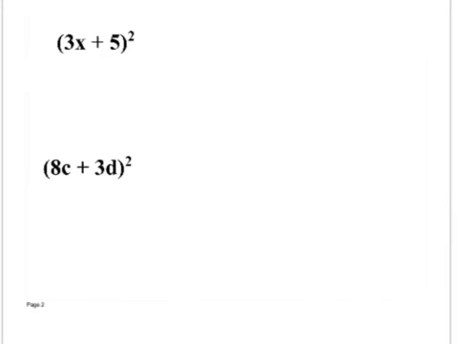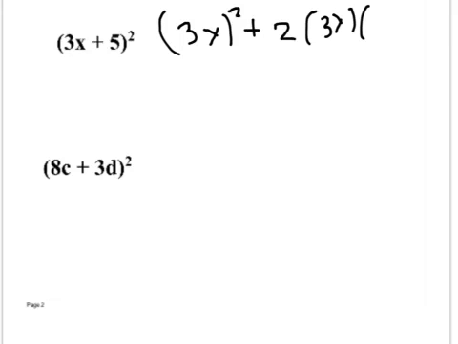Okay, write this down. So it says 3x plus 5, we're going to square it. So 3x plus 5 times 3x plus 5. When you square a binomial, it's the first number squared, so 3x, you square it. 3x squared, plus we take 2 times the first number times the second number, plus the second number squared, so 5 squared.